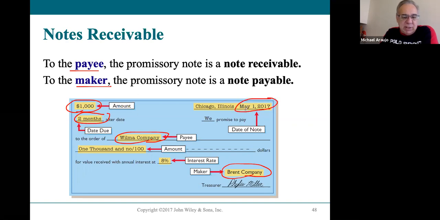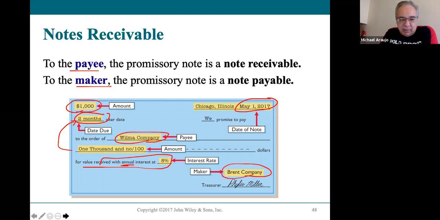If it's in months, it's simply adding: May 1st, June 1st, July 1st. So this will be due July 1st. Because it's a loan, there's going to be an interest rate. The interest rate is annual. It's really for 12 months, although the interest is only going to accrue for 2. And that's a note.